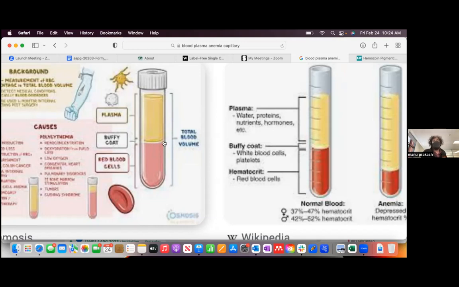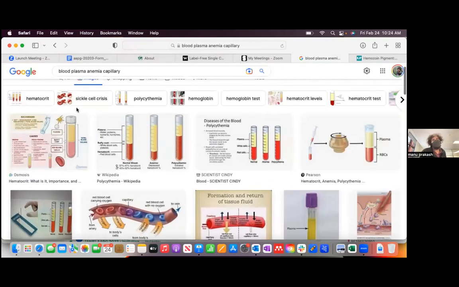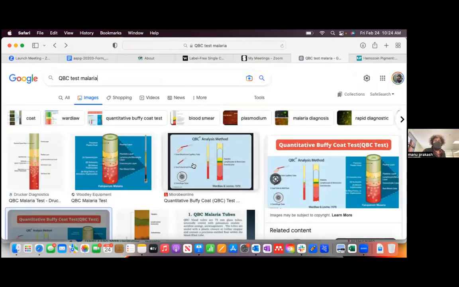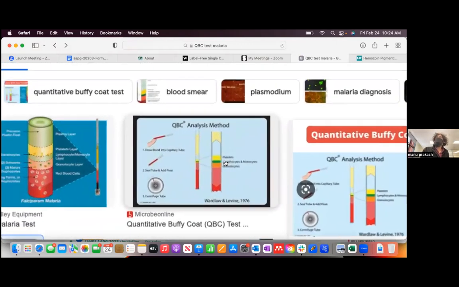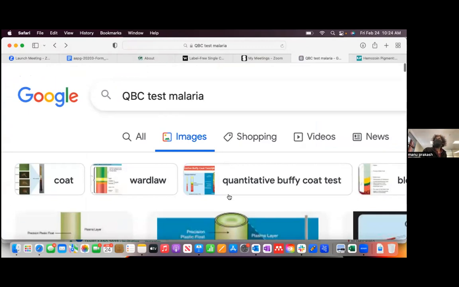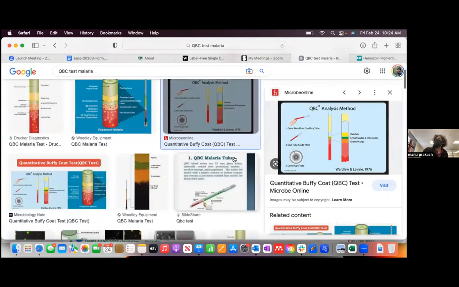So what they do in QBC is quite clever, and it's subtly hidden in this picture, which might not be so visible, but if you look here in the photograph, you can see that there's a little bobber, a plastic little piece, which has two sharp ends that they have dropped inside.